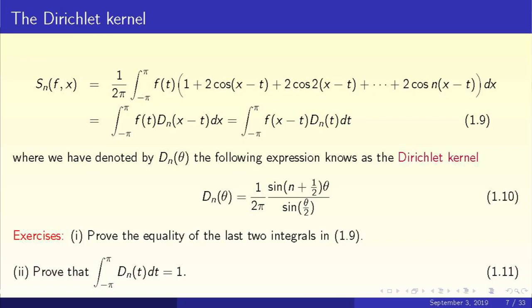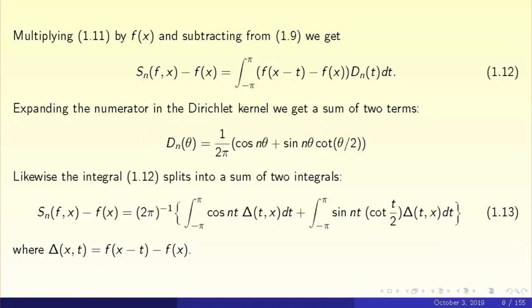Let us use the addition formula for sine. Sine of (n plus half) theta is sine n theta cos theta by 2 plus cos n theta sin theta by 2. In the second expression, the sin theta by 2 cancels out. Alright. So what do we get? We will be left with dn theta equal to 1 upon 2 pi times (cos n theta plus sin n theta into cot theta by 2).